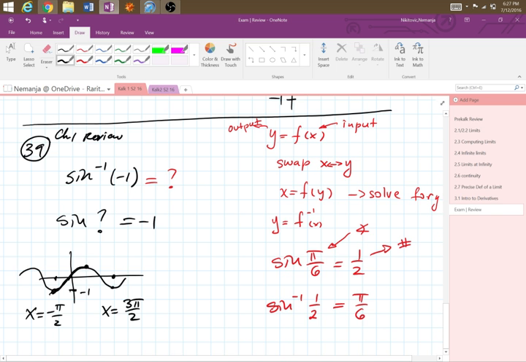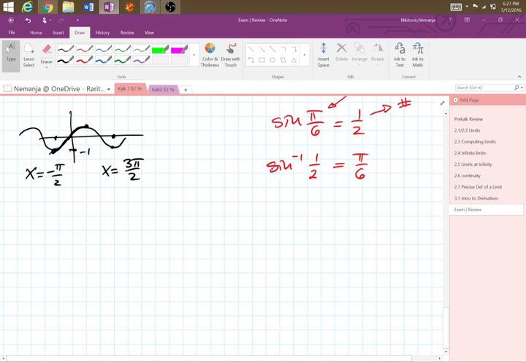But if you restrict that on the restricted domain from negative pi over 2 to pi over 2, you do get a function. And that's good. Yes? All good. So if you give me the problem, we'll write that problem. So what does it say?